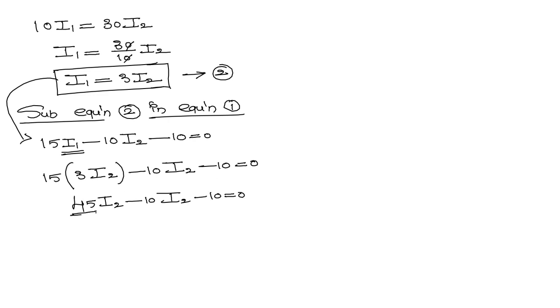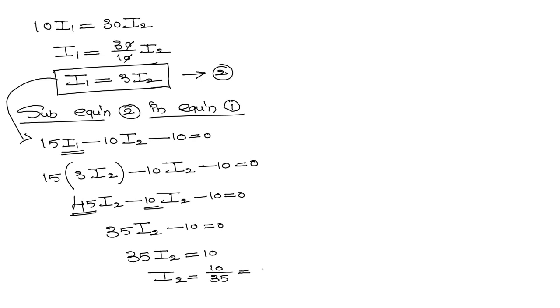Now 45 I2 minus 10 I2 gives 35 I2 minus 10 is equal to 0. Now 35 I2 is equal to 10, then I2 is equal to 10 divided by 35. By simplifying this, you will get 0.2857.